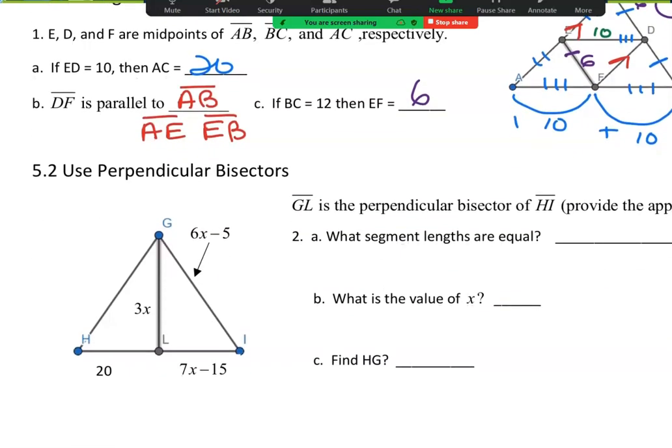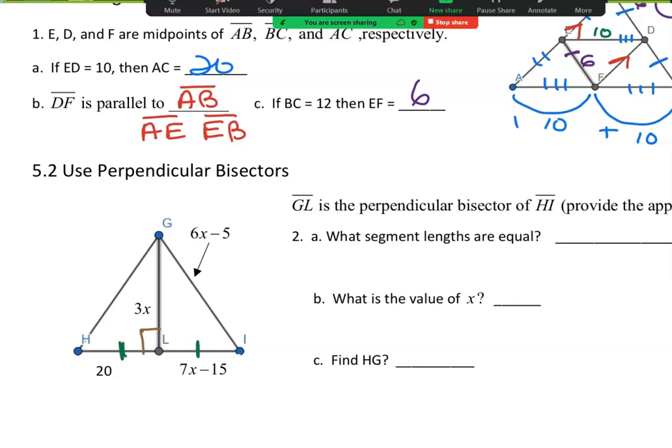And it says use perpendicular bisectors. GL is the perpendicular bisector of HI. So if GL is the perpendicular bisector of HI, I can put a little box right here. And I know that's 90 degrees. I also know that perpendicular bisectors do 2 things. They're perpendicular and they bisect. So these 2 pieces are equal.